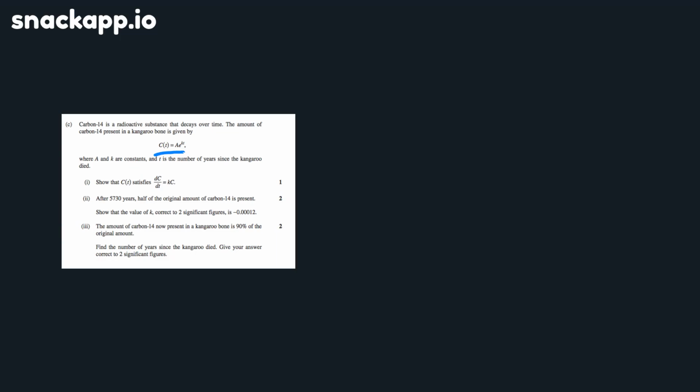So let's get started. Part I just wants us to show that C of T satisfies the fact that the rate of decay is just a function of how much of the isotope is left. So we can take the original equation, C of T is equal to A e^(kT), and differentiate it to get dC/dt.